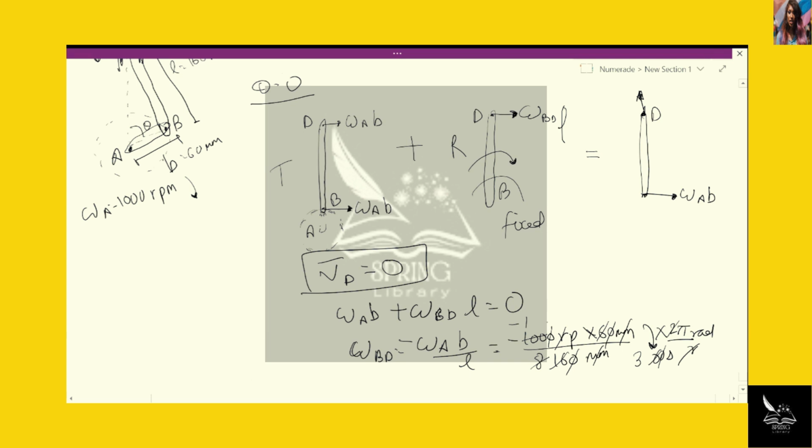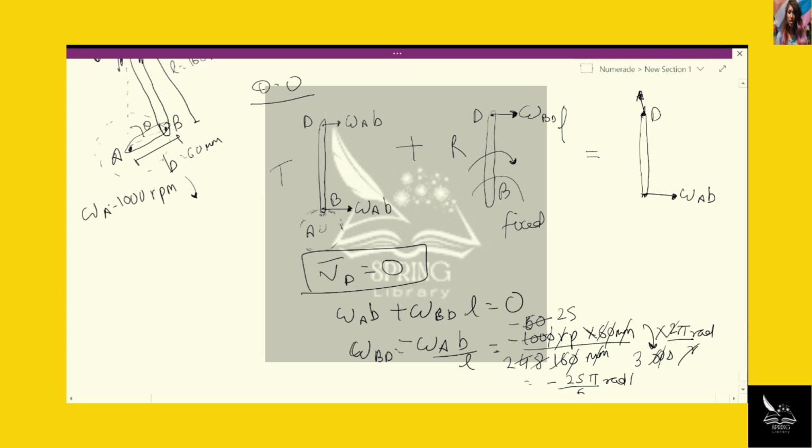Actually, yeah, so this will be 4, this will be minus 50. Okay, we have simplified it enough. We can simplify it further by minus 25 and then 2. So 25 pi by 6 radians. So it's minus 25 pi by 6 radians per second.